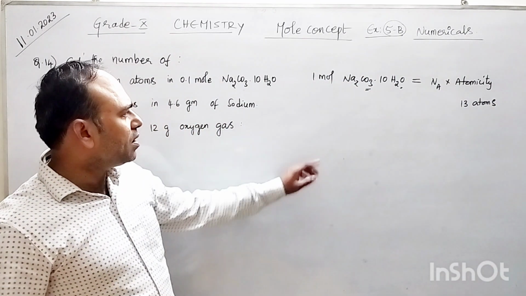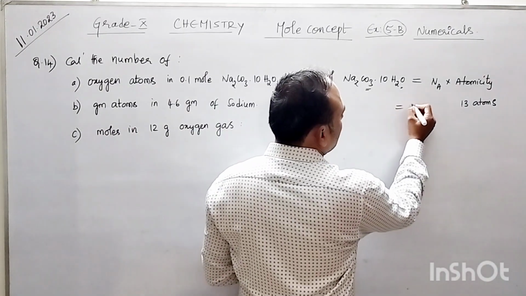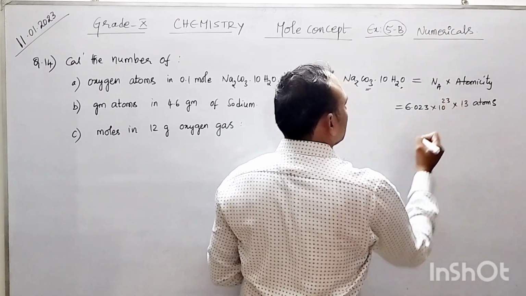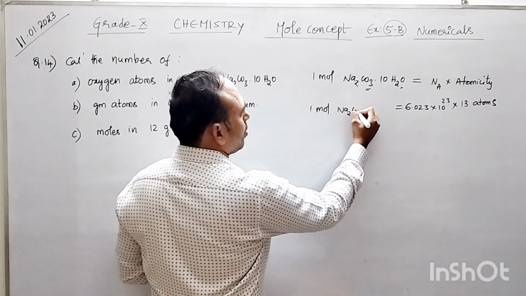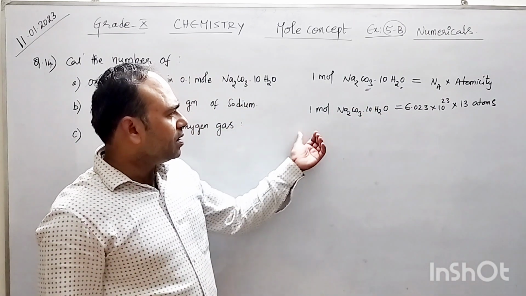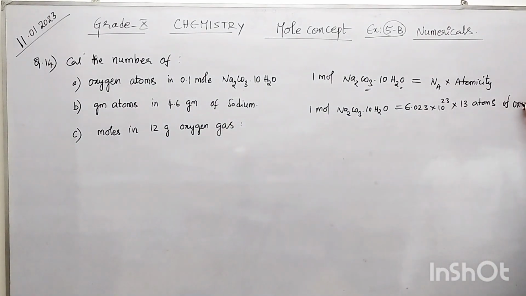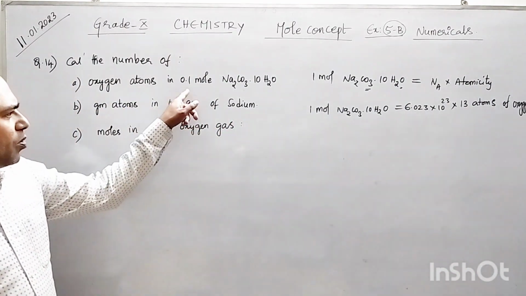Oxygen atoms, how many are there here? We have 13 atoms, and Avogadro number is 6.023 into 10 to the power of 23. So 1 mole of sodium carbonate decahydrate has this many oxygen atoms. Now the question is, what will be the number of oxygen atoms in 0.1 mole?